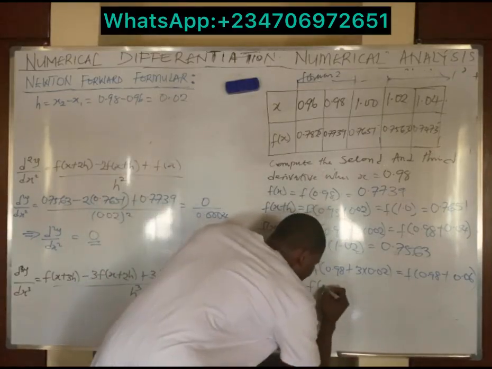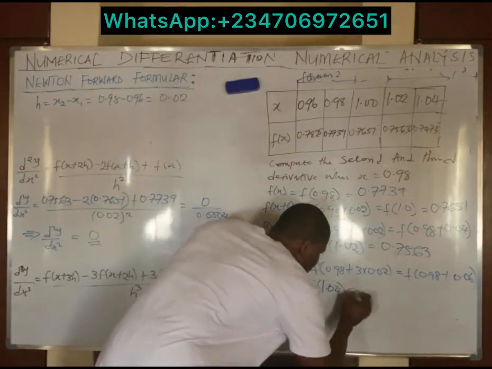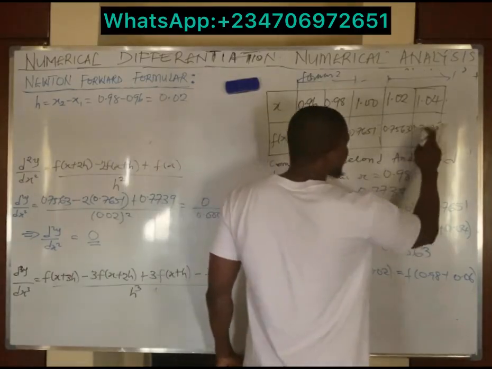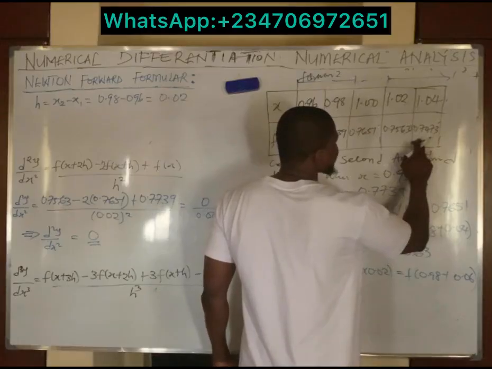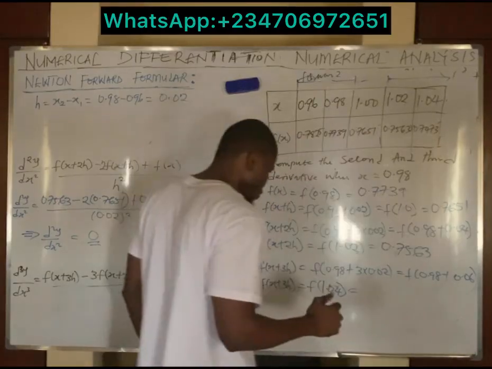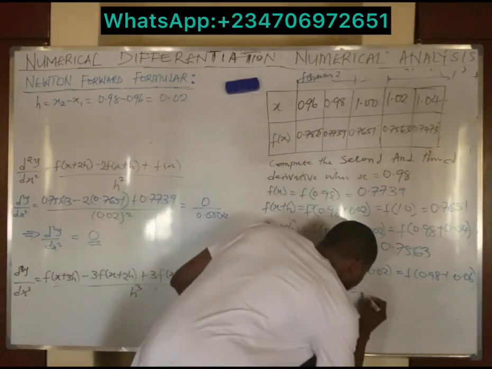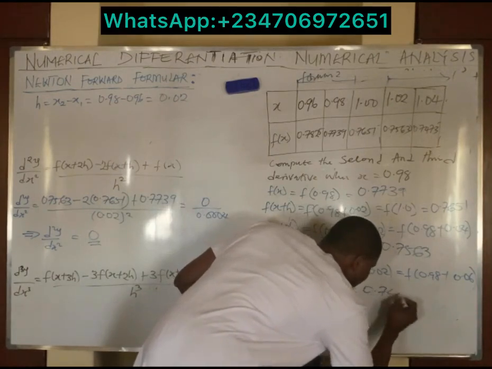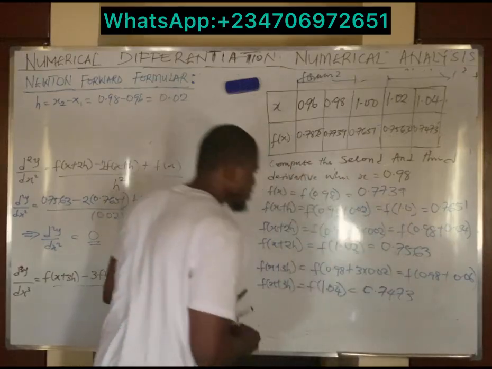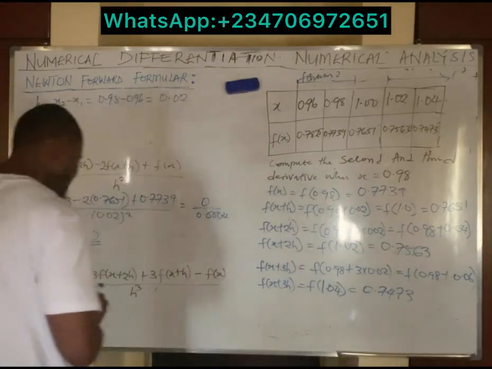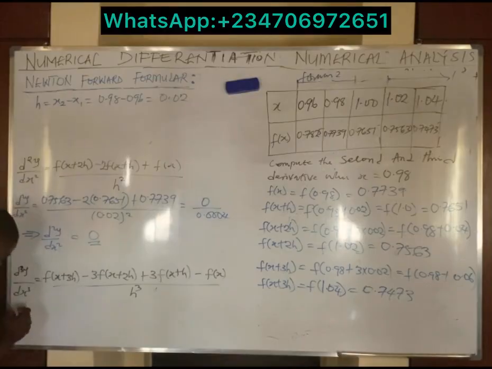So we'll have f of 1.04. From the table, when x is 1.04, f of x is equal to 0.7473. So we simply plug into this formula.